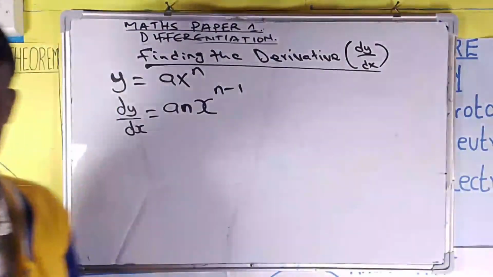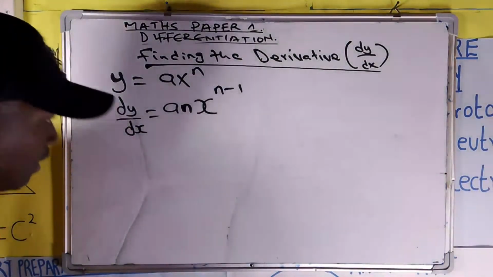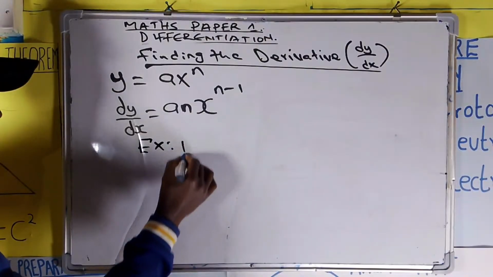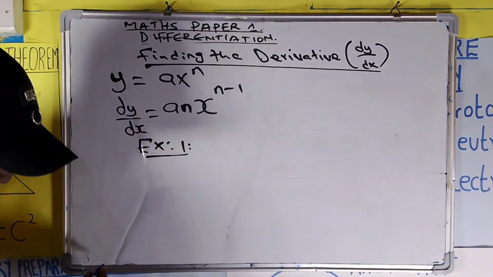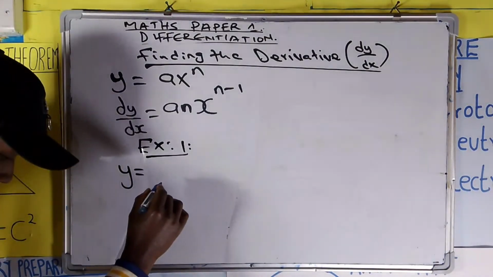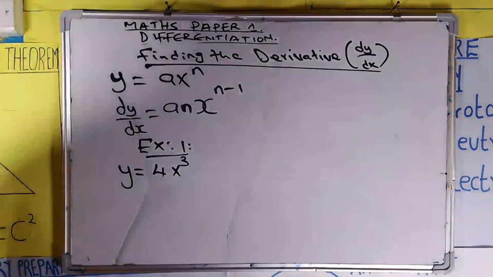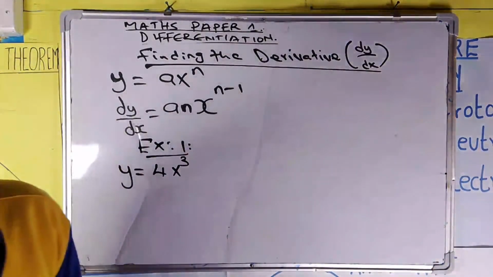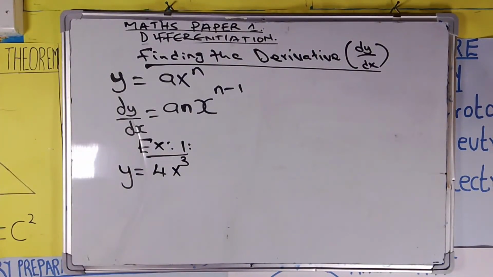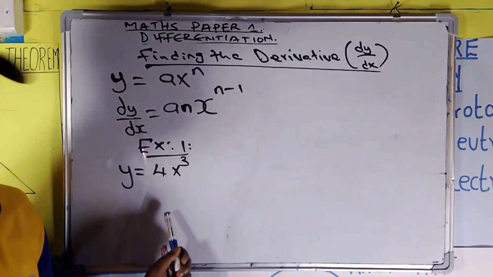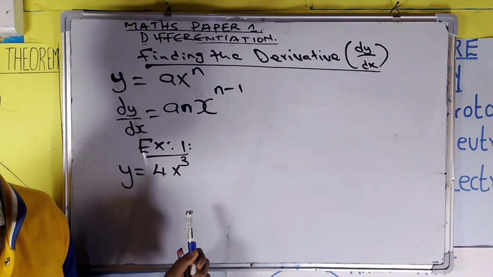So what do we mean by saying that? For example, example 1: y is equal to 4x cubed.